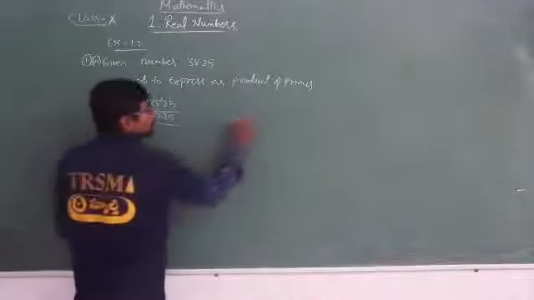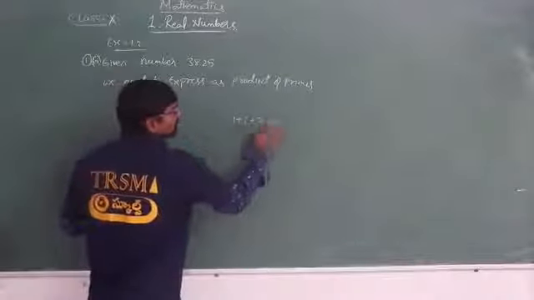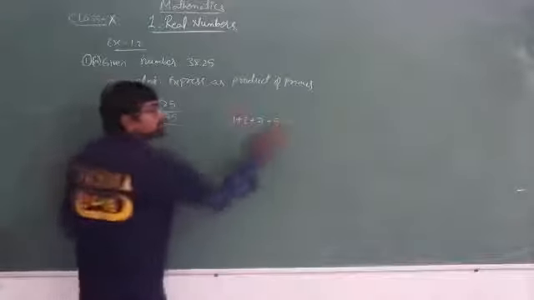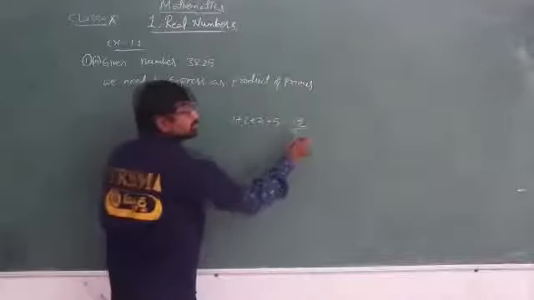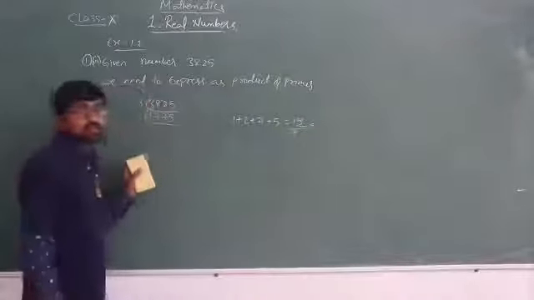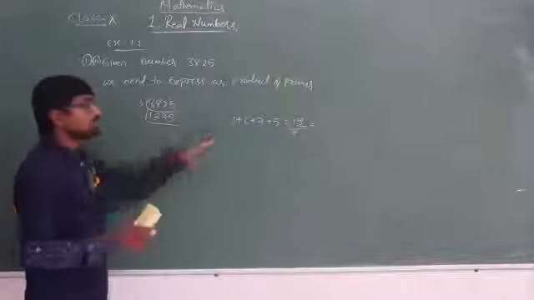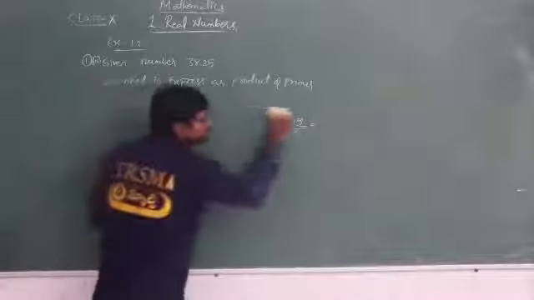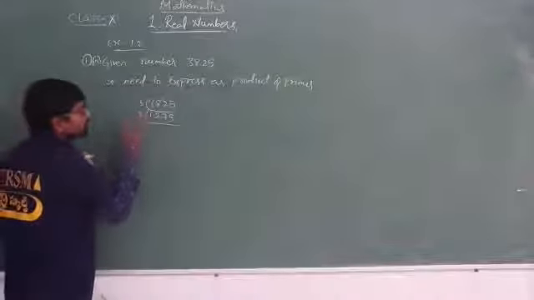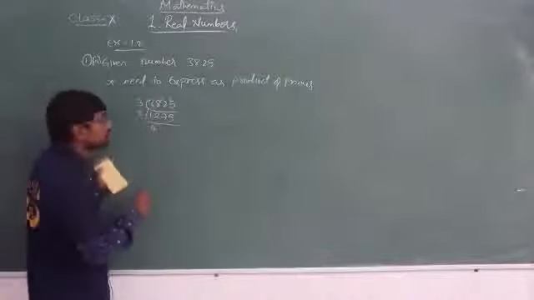Let me write here 1 plus 2 plus 7 plus 5. If I add all the digits I am getting 15. As the sum is divisible by 3, this number is also divisible by 3. So let me check that. 3 4s are 12.